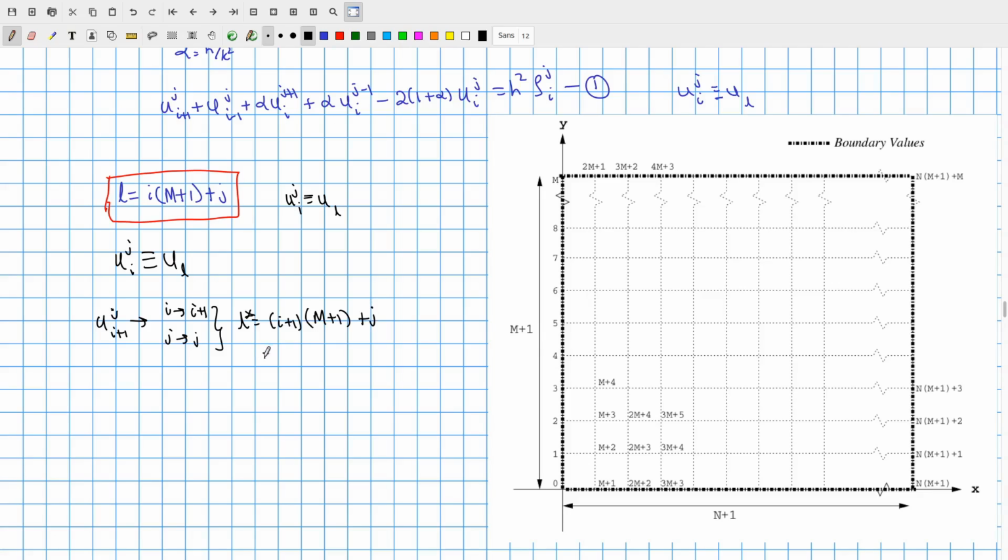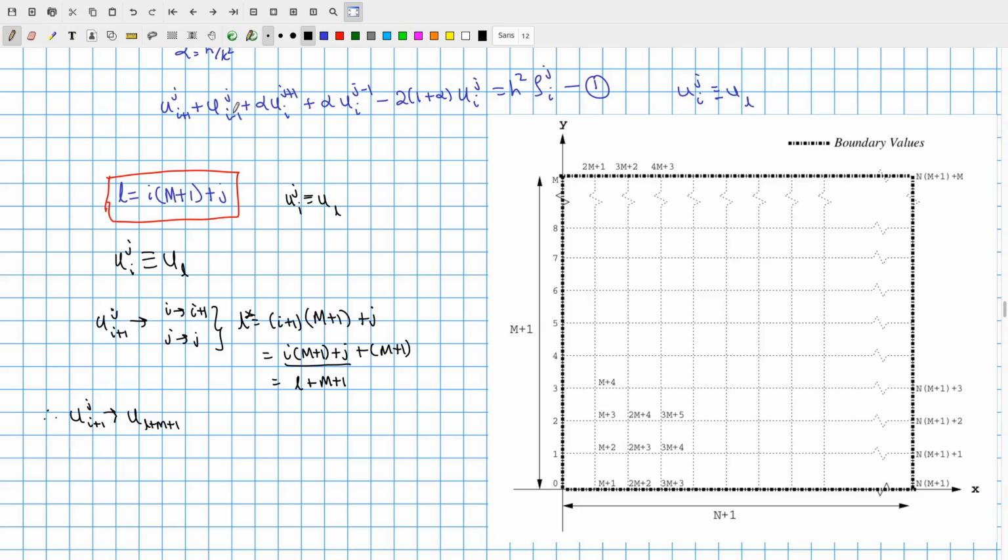So this will become i times (m plus 1) plus j, plus m plus 1, and i times (m plus 1) plus j is our L, so this is going to be L plus m plus 1. Therefore u of i plus 1, j is going to become u of L plus m plus 1.